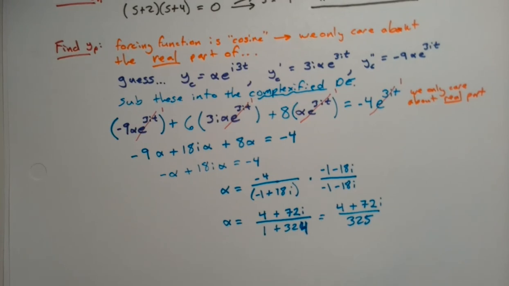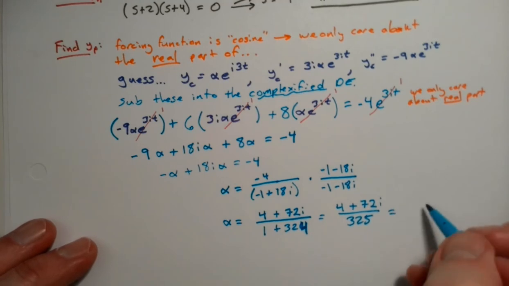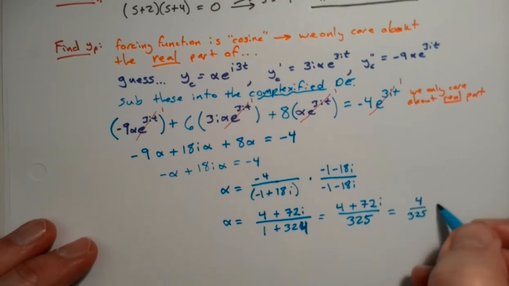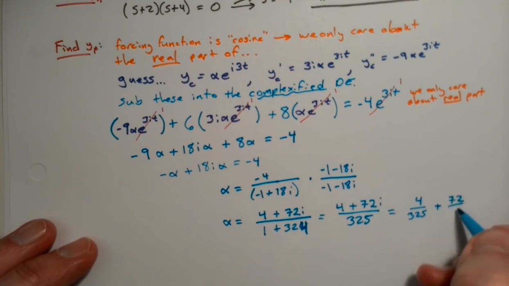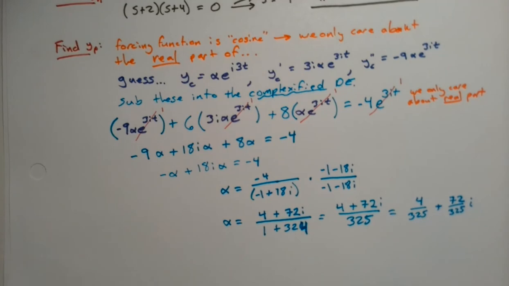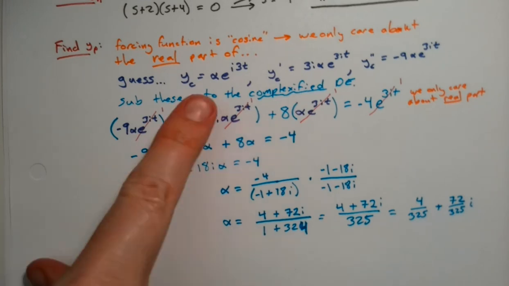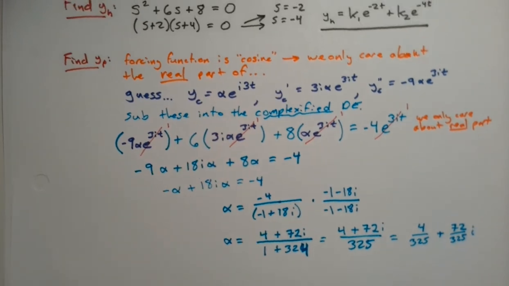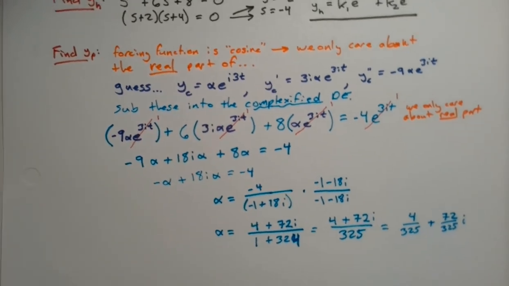Which we can rewrite as 4 over 325 plus 72 over 325 times I. So that is the alpha value, the complex number alpha value, that will actually produce a true, correct guess that will work as a solution for our complexified differential equation.